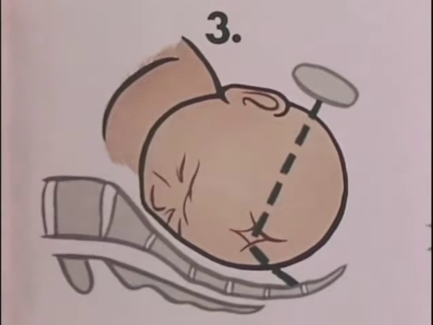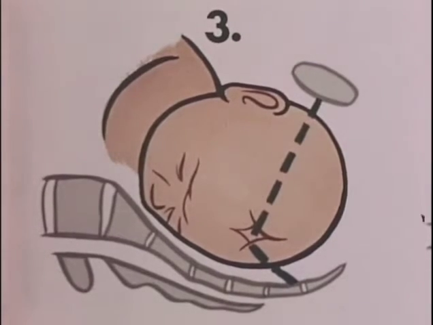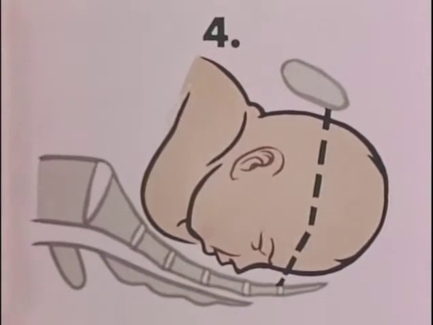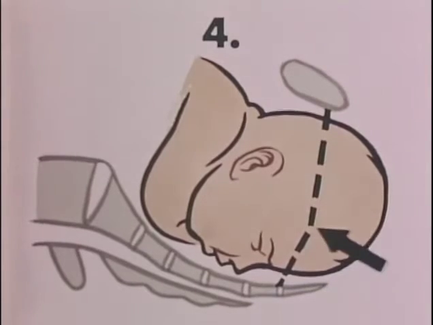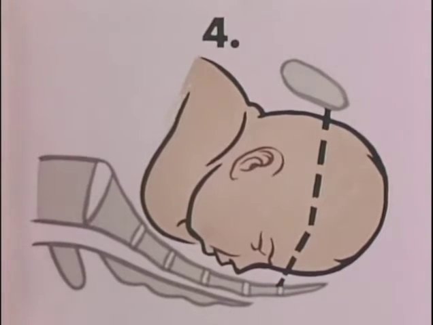The low mid-station is represented by the green line, and this would be a low mid-forceps. The plane of the outlet, the black line, coincides with the biparietal diameter and represents what would be a low forceps.